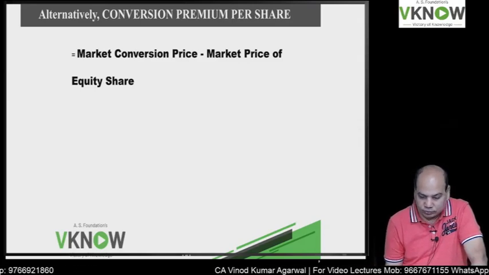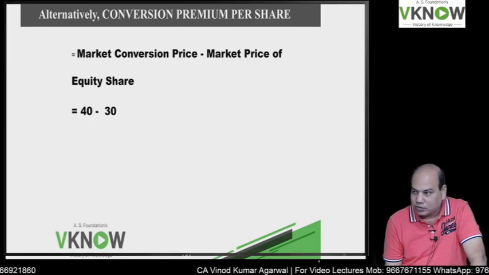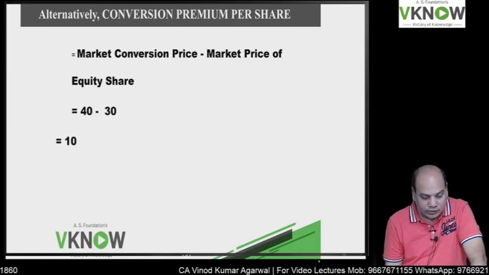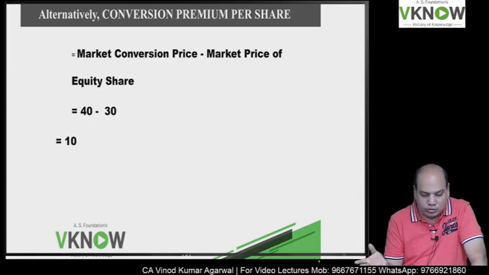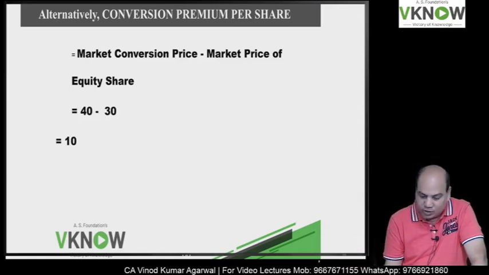So market conversion price was 40 minus 30. The answer is 10. You can use any of the two formulae. Don't solve by both because you don't have time in the exam.